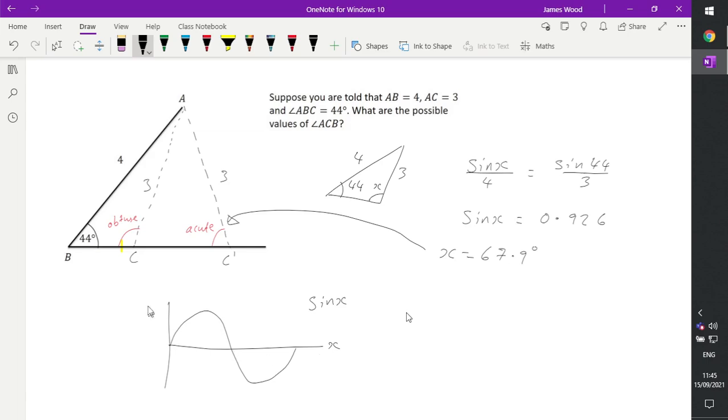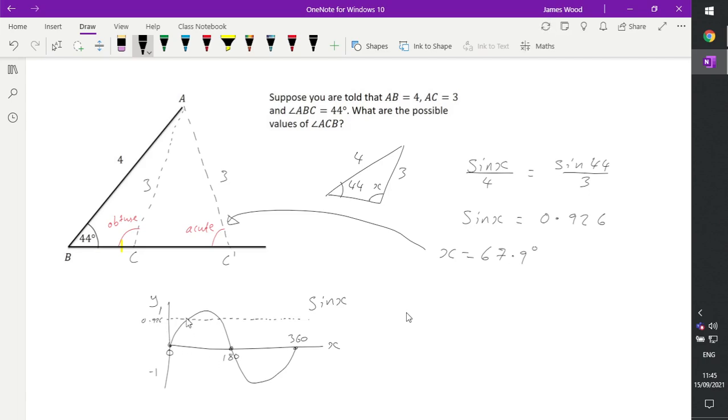We've got x in degrees on the x-axis, and then y is the sine of that value. This is 180, this is 360, and this is 0. Now, when I put in sine x equals 0.926, bear in mind this graph goes between 1 and -1, I'm basically looking along here, okay, at about 0.926.